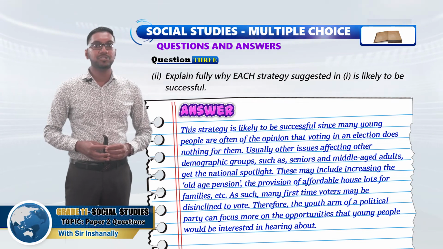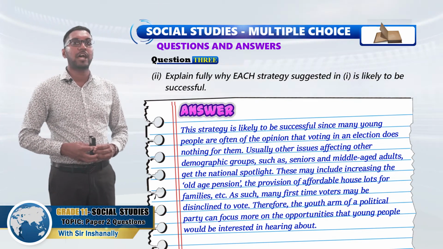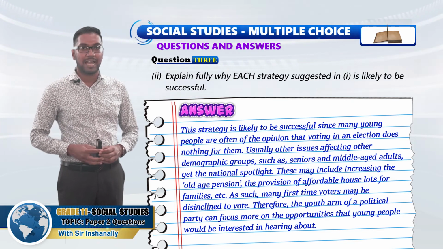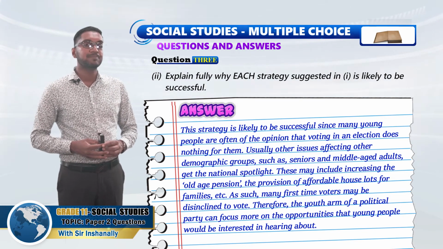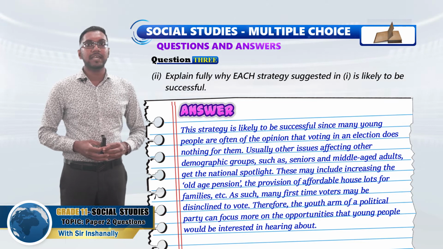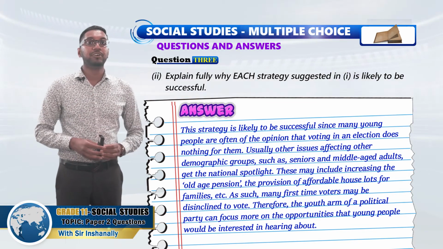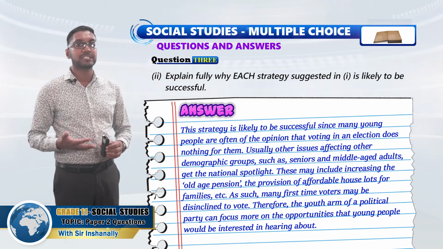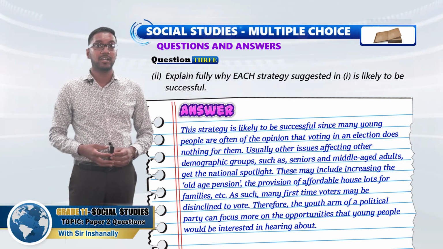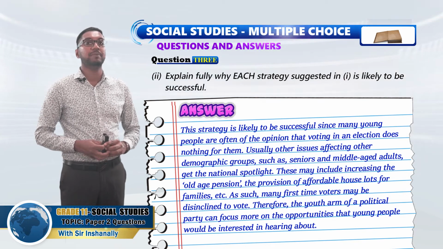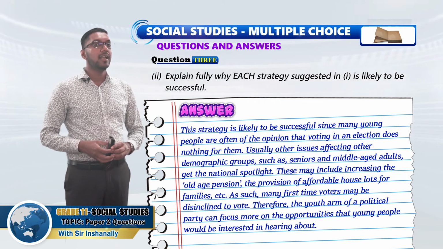Usually, other issues affecting other demographic groups, such as seniors and middle-aged adults, get the national spotlight. These may include increasing the old age pension, the provision of affordable house lots for families, etc. As such, many first-time voters may be disinclined to vote.